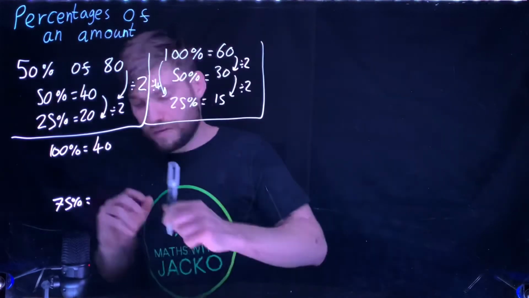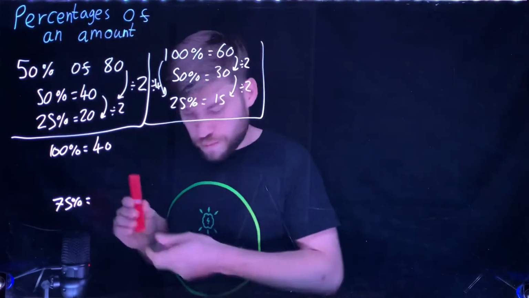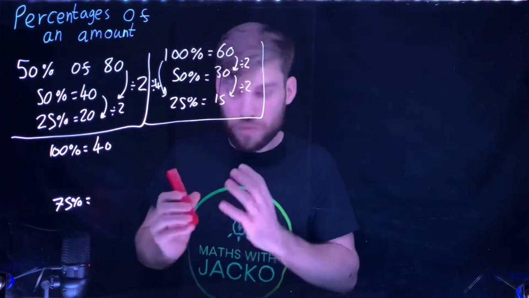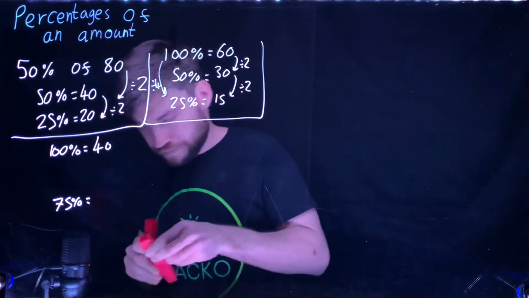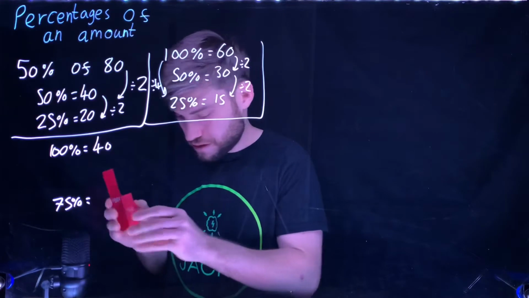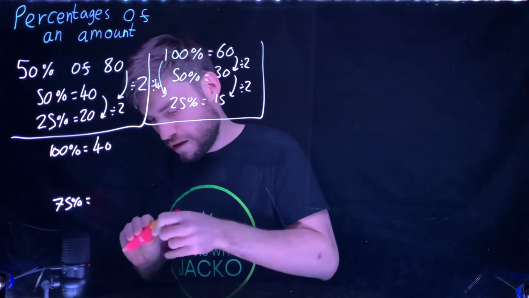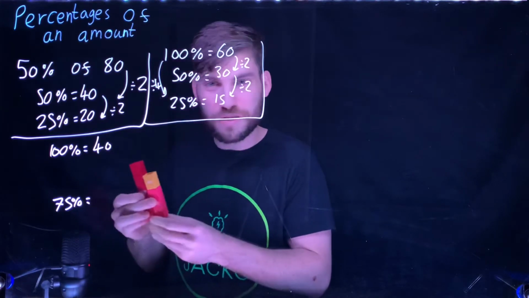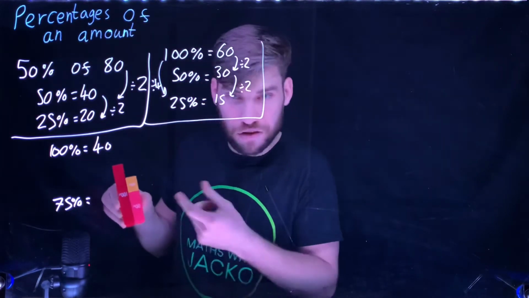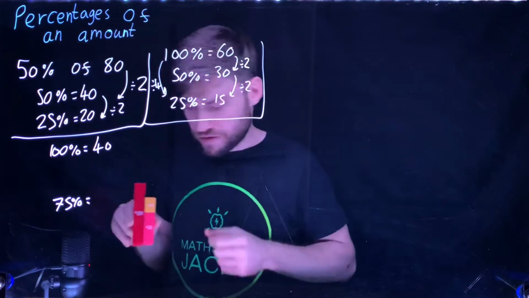Okay, so 75%. We have our 100%. There's two main ways to get this. You can either find 50% and then get 25%, and then 50 add 25 equals 75. Yeah, so that's another way you can do it. 50 plus 25 makes 75.